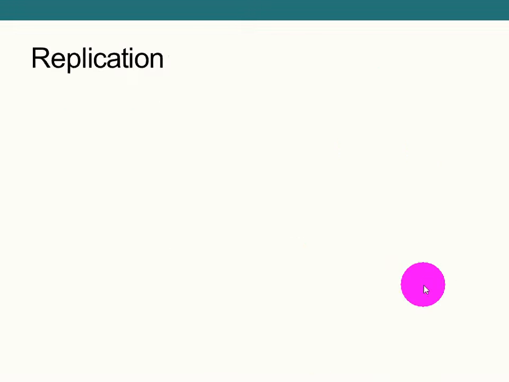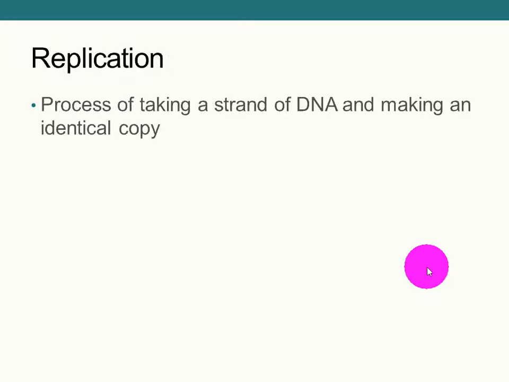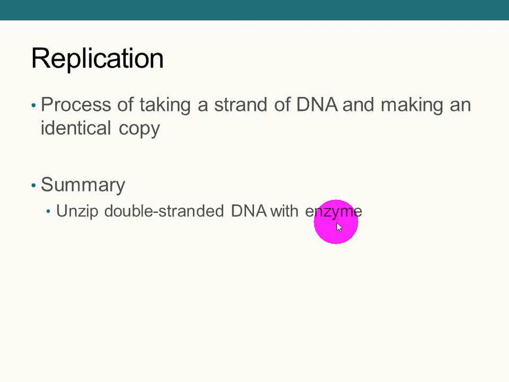Replication is, again, the idea you take a strand of DNA and you basically kind of Xerox it. You want that copy to be completely identical. So DNA is, again, a double-stranded molecule. We're going to snap those two strands apart, or kind of unzip them, using an enzyme. And then we'll have another enzyme come in.